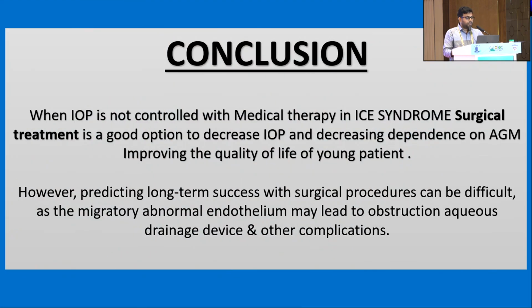So when IOP is not controlled with medical therapy in ICE syndrome, surgical treatment is a good option to decrease the IOP and decrease the dependence on anti-glaucoma medicine. However, predicting the long-term success rate with a surgical procedure can be difficult because the migratory abnormal endothelium can block the tube, and other complications like corneal decompensation can occur.